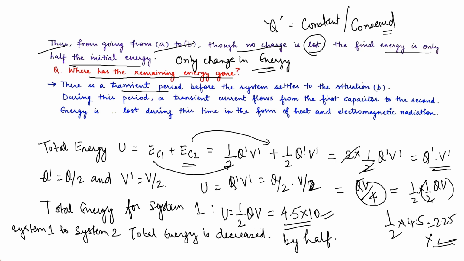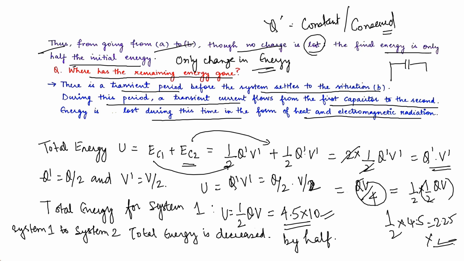There is a transient period before the system settles to situation B. During this period, a transient current flows from the first capacitor to the second. Energy is lost during this time in the form of heat and electromagnetic radiation. Now our system was like this. When we connected C2 with C1, there was a small transient phase in which the charge was running from C1 to C2.